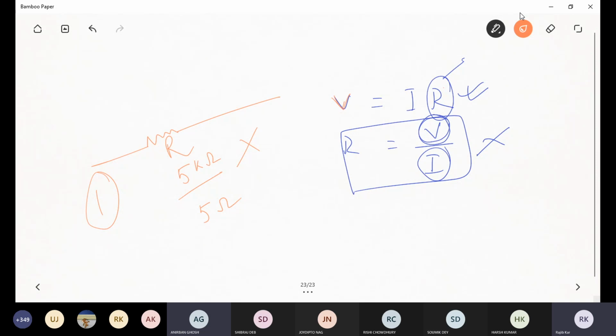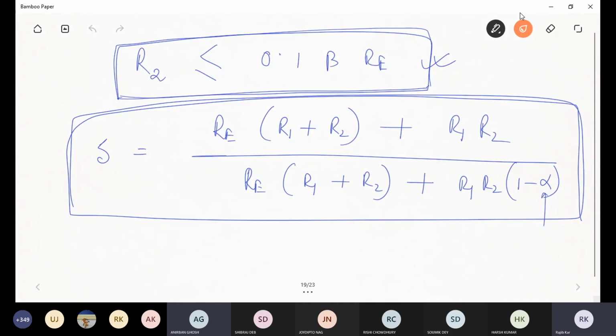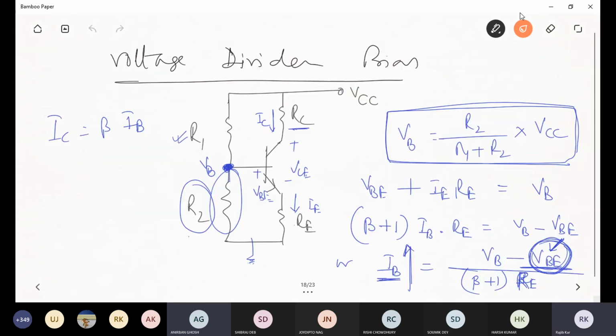Second, whenever we are talking of the resistance inside the device, there is no external resistance as such connected except RC, RB and RE. But whenever we have drawn the circuit and said that IC is flowing, this IC itself is nonlinear.